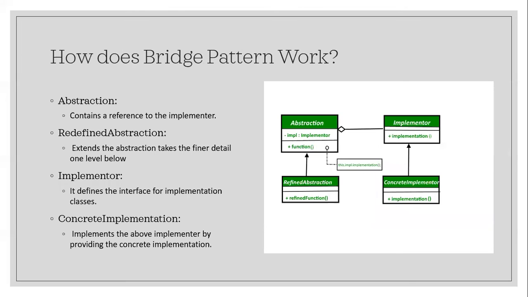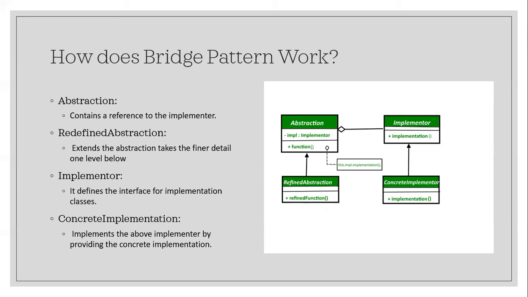Okay, so I found a really easy and understandable class diagram for bridge pattern. As you can see, a bridge pattern design needs to have at least four classes, which are abstraction, redefined abstraction, implementer, and concrete implementer, which we are going to go in depth of each one.